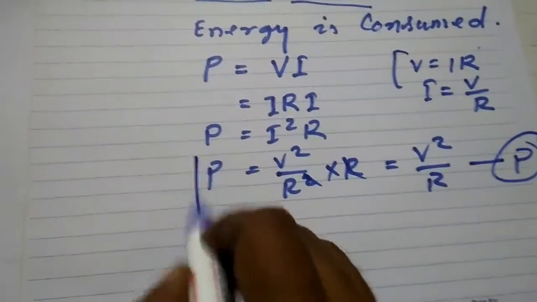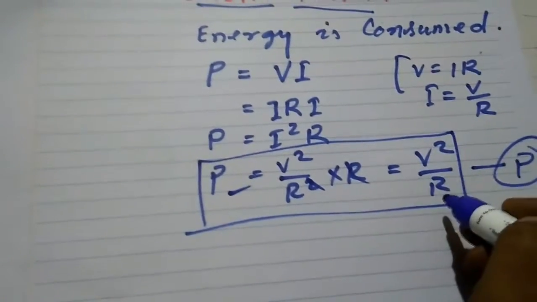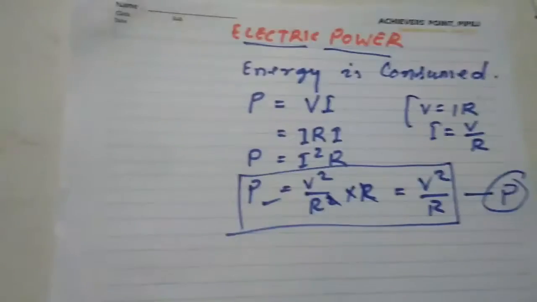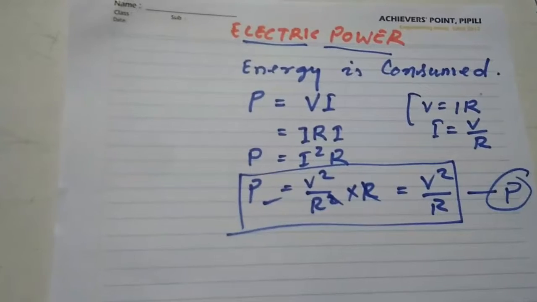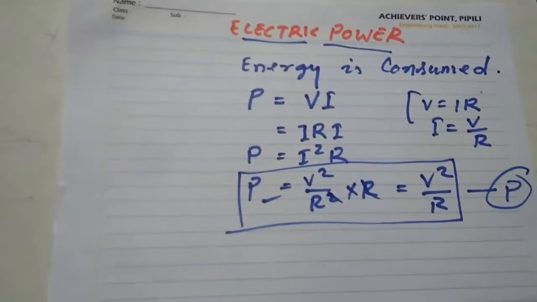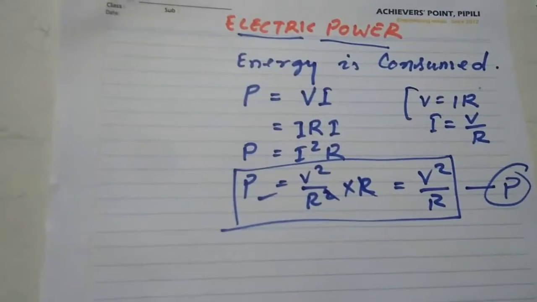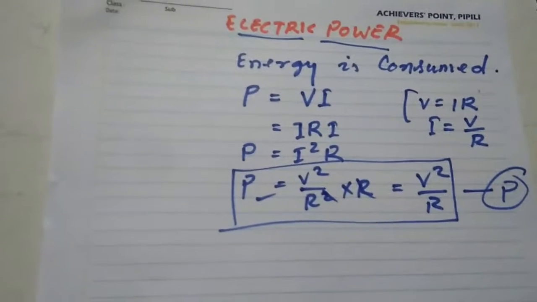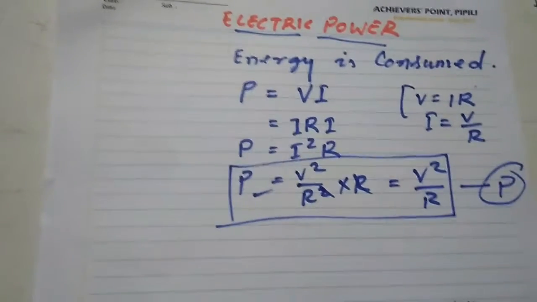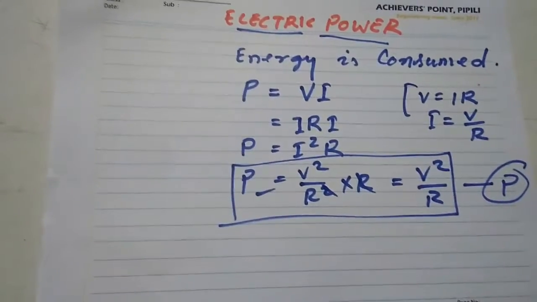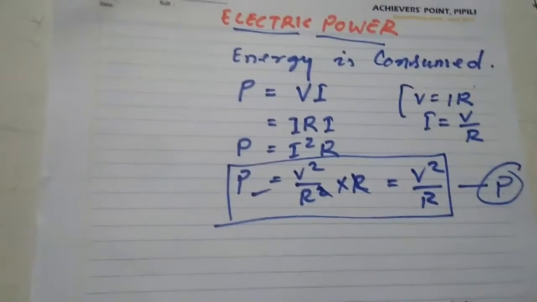This equation is very useful: P equals V square upon R. Students, we can define 1 watt of power as the power consumed when 1 ampere of current is operated at a potential difference of 1 volt.